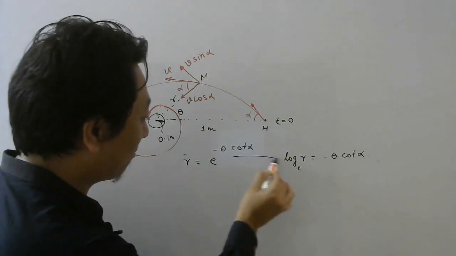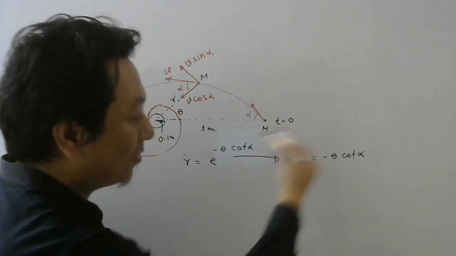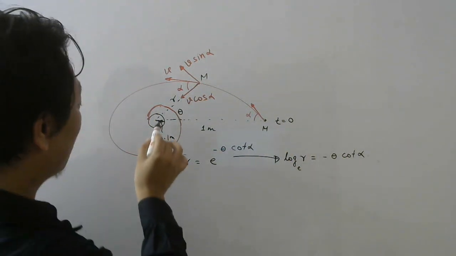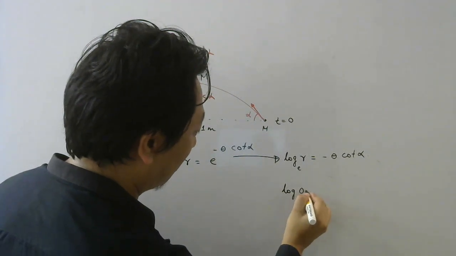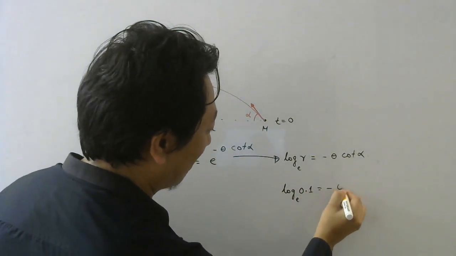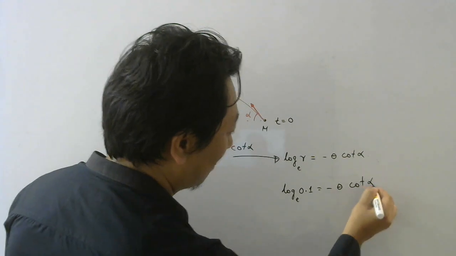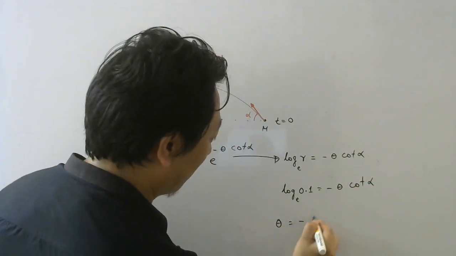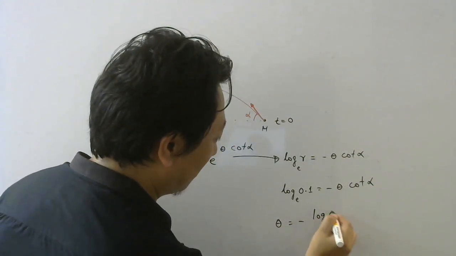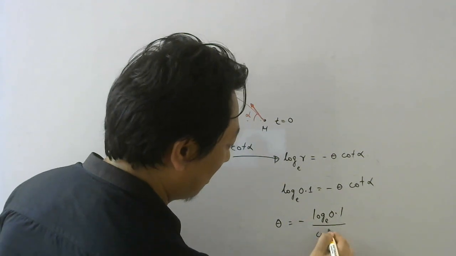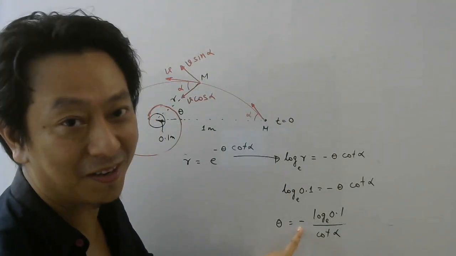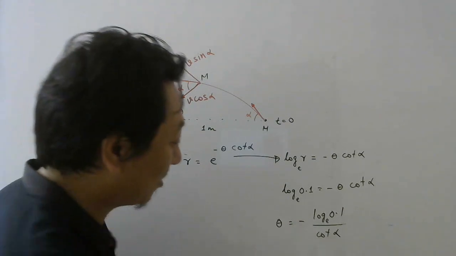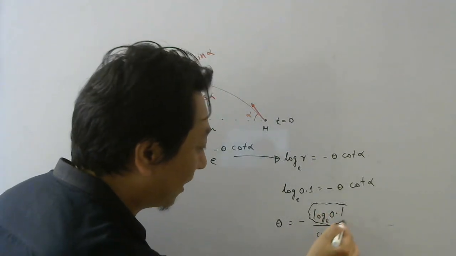Now this equation came from here only, and this is better to calculate theta. So small r will become 0.1, so it will be log of 0.1 base e equals minus theta cot alpha. So your theta will be minus log base e 0.1 by cot alpha. Now don't think this angle covered is a negative number, though you may see a minus sign. That is because this itself is a negative number.